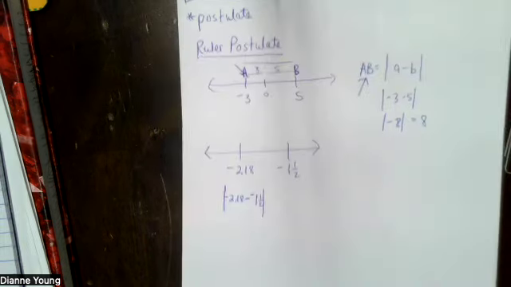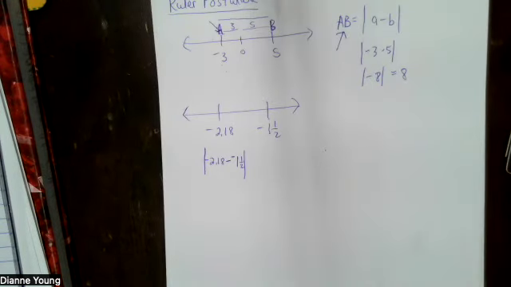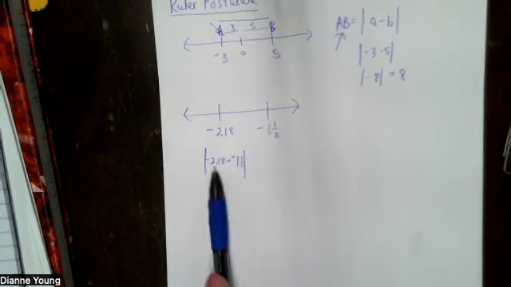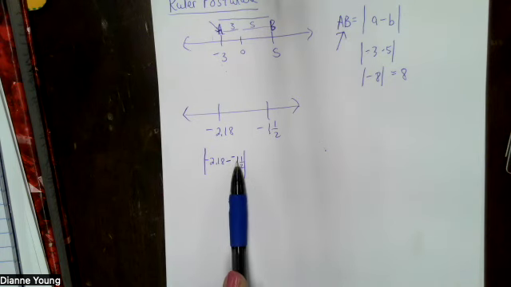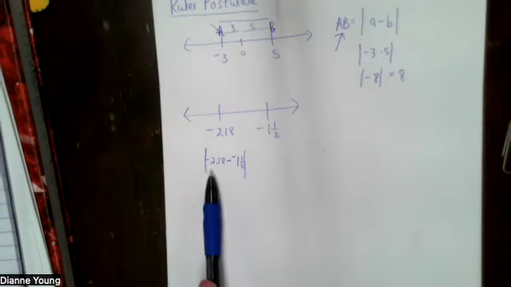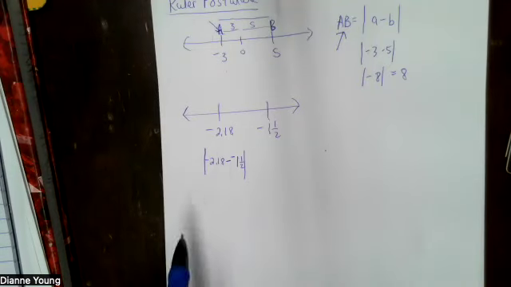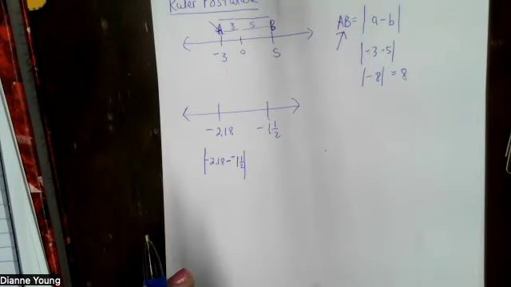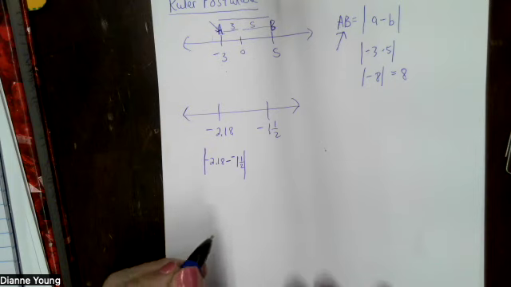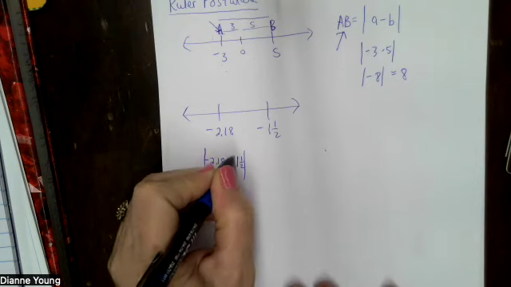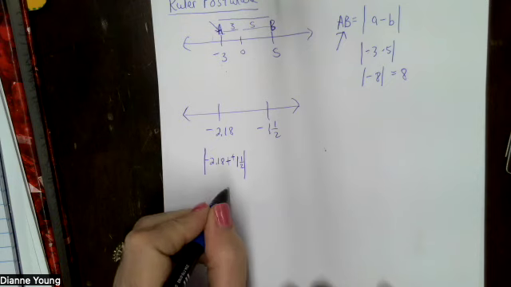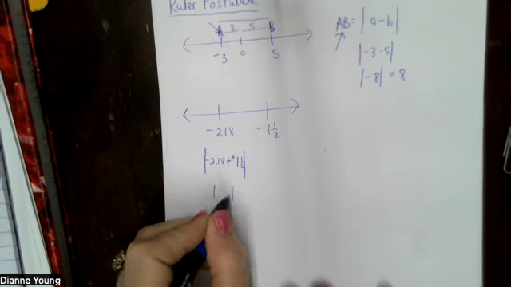Okay? Now you would set it up kind of like that. That's the point of it, okay? So if you run into something really ugly like this, you would just do this, and this would be positive, right? And then it's gonna be some number that's a negative decimal inside the absolute value, right? Okay, so this would become this. And then you would do the rest and get the value.